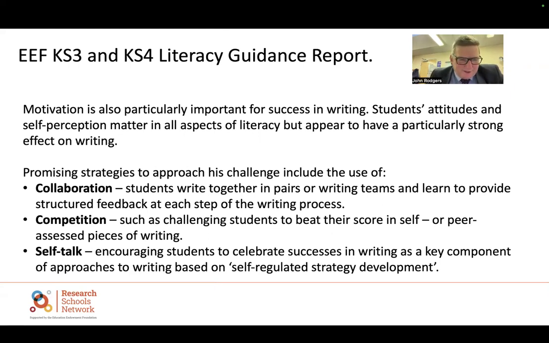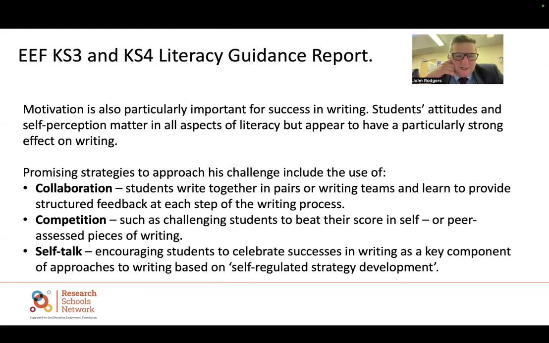So some of the strategies that seem promising are having episodes of writing practice where students collaborate, writing together in pairs or small teams, with your modeling and explicit teaching about that, and specific structured feedback, some of which we've been talking about, at each stage of the writing process.